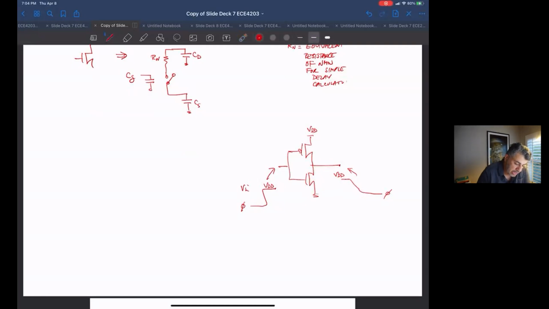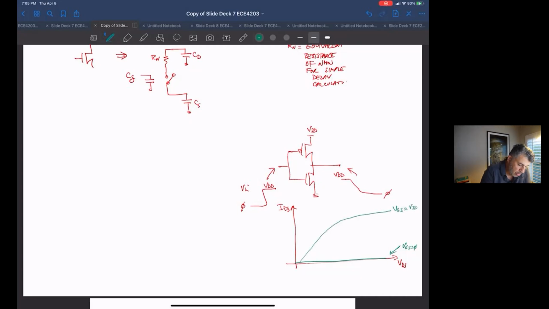Now what's happening is, if you look at the IV curves of an NMOSFET, VDS, IDS, so this would be for VGS equal to 0 to VGS equal to VDD.